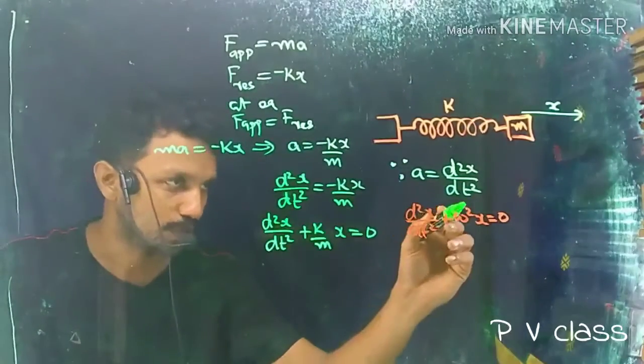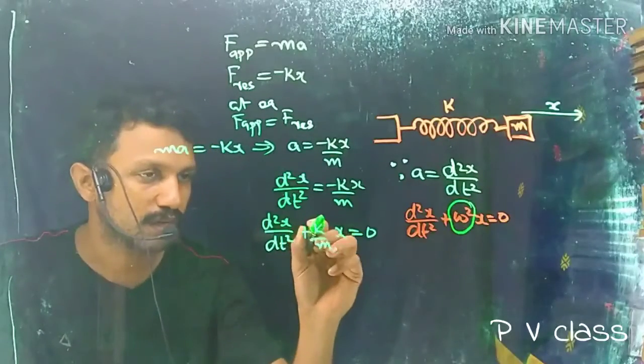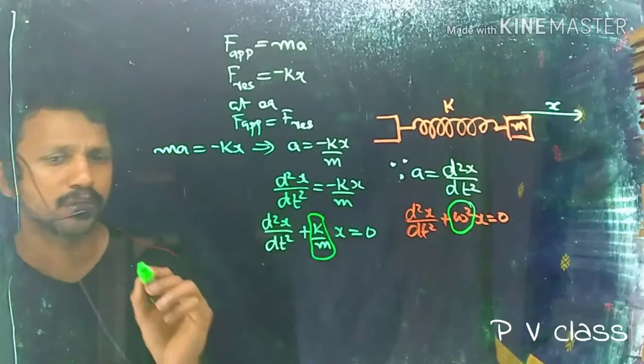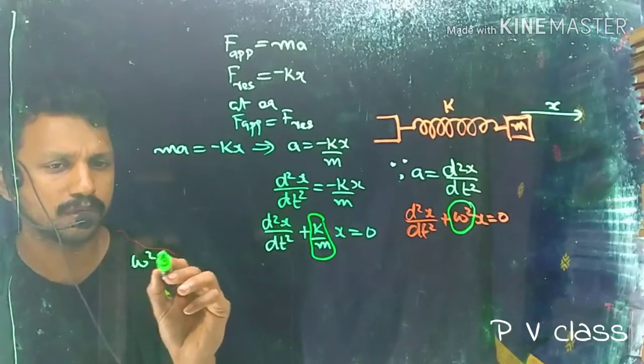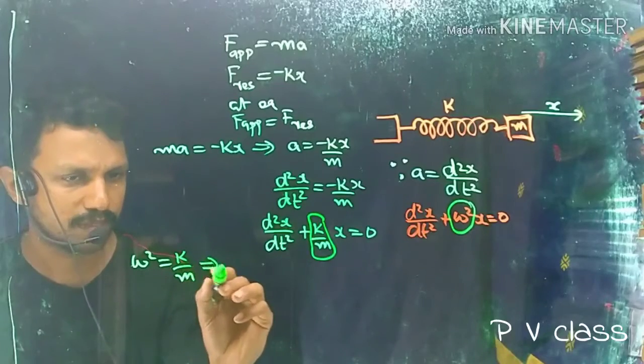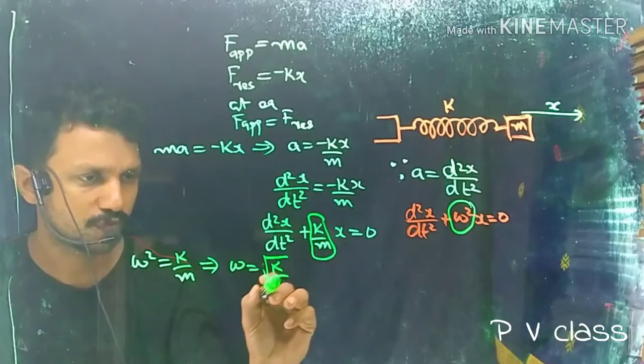Comparing the two equations, we could see that instead of omega square, we have k by m. Therefore, I could write omega square is equal to k by m. That means omega is equal to root of k by m.